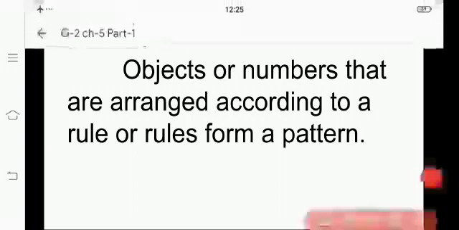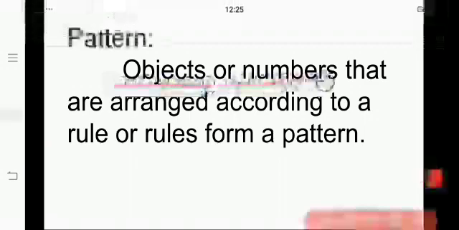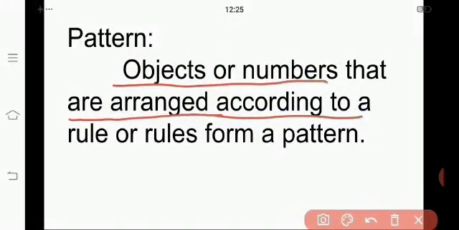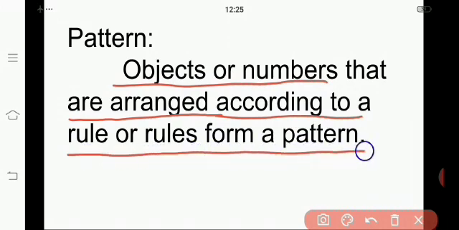Objects or numbers that are arranged according to a rule or rules form a pattern. I will repeat: objects or numbers that are arranged according to a rule or rules form a pattern.